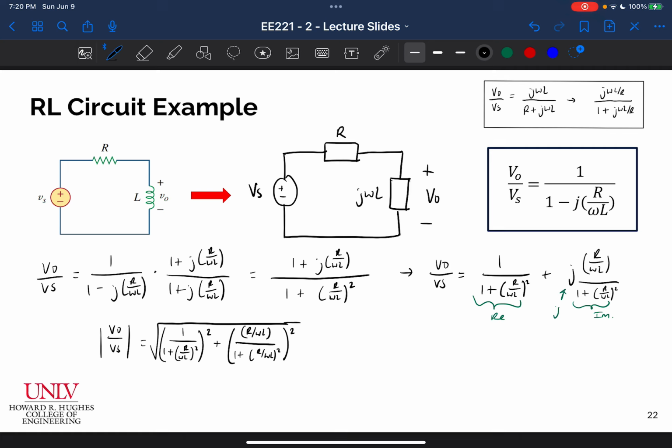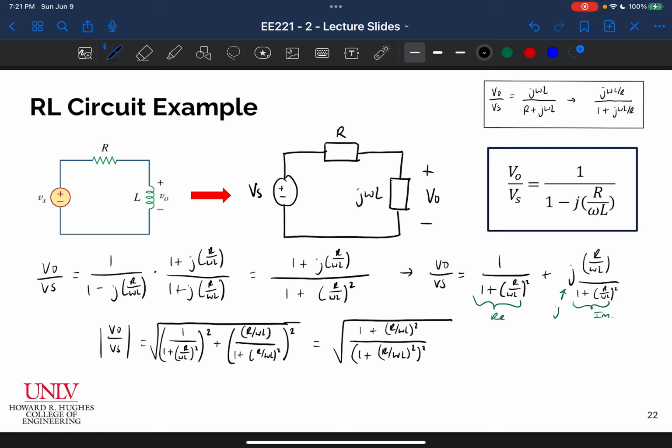All right, and so again, we have our common denominator, 1 plus (R over omega L) squared, here and here, so we can just add the two numerators to give us a single fraction, which in this case is going to be 1 plus (R over omega L) squared divided by (1 plus (R over omega L) squared) squared.